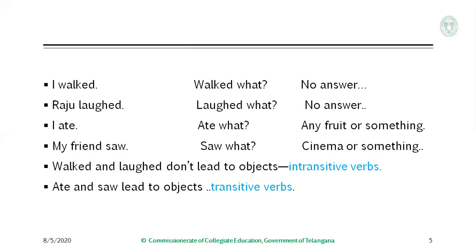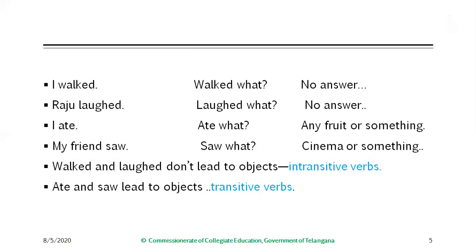I ate. What did I eat? It could be anything, an apple, a banana, or some fruits, some sweets, anything. So here, the verb ate runs into an object.